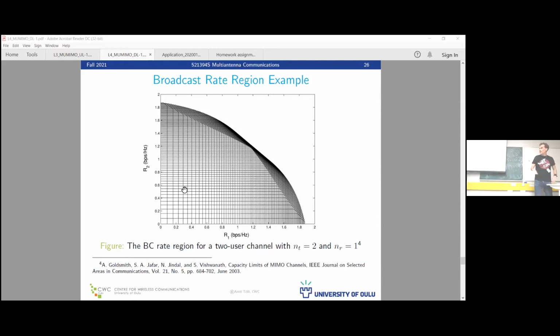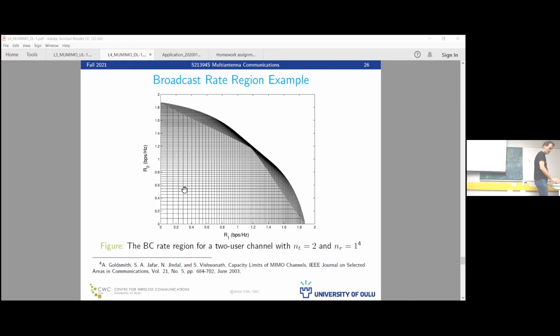But this you can solve using your algorithm, which hopefully you have already implemented, replacing the transmit covariance matrix with a single antenna. Instead of optimizing Q_k matrices, you optimize q_k. The transmit covariance matrix collapses to power when you have a single antenna at the users. You can generate this using weighted sum rate maximizers.